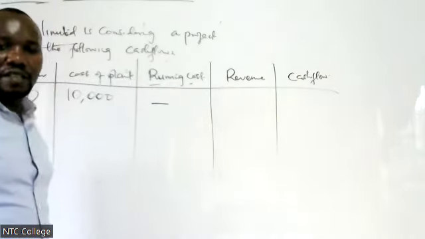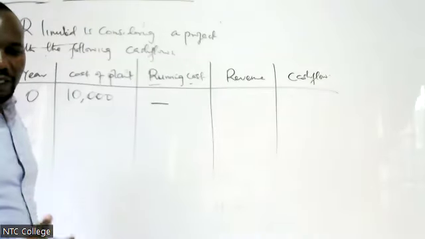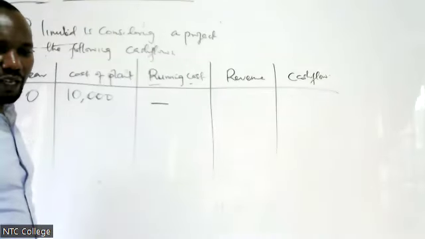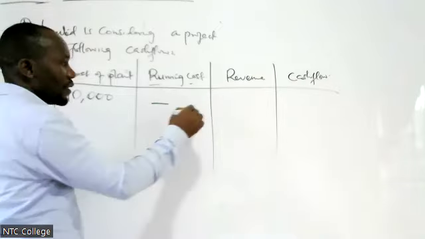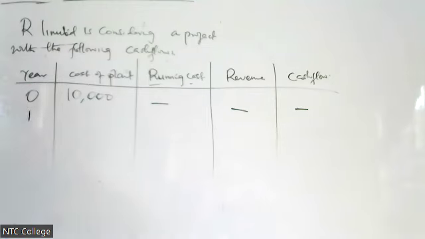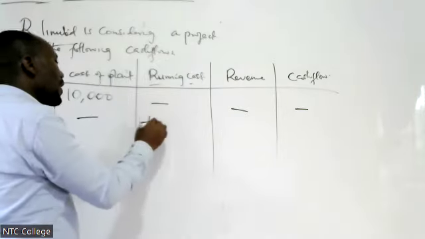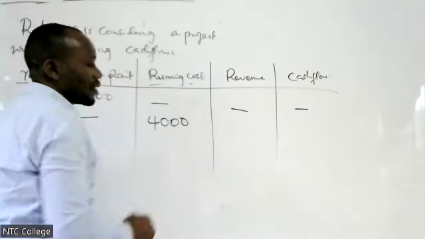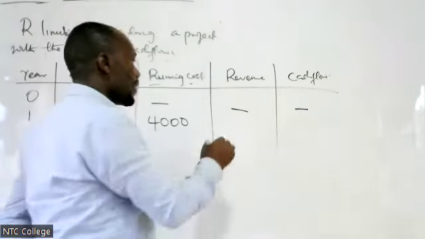You know, when you buy the machine, you have not started counting your financial year. So there was no operation. In your first year of operation, at the end of the year, you didn't buy another machine, but you incurred some running cost, and the revenue is given there still.